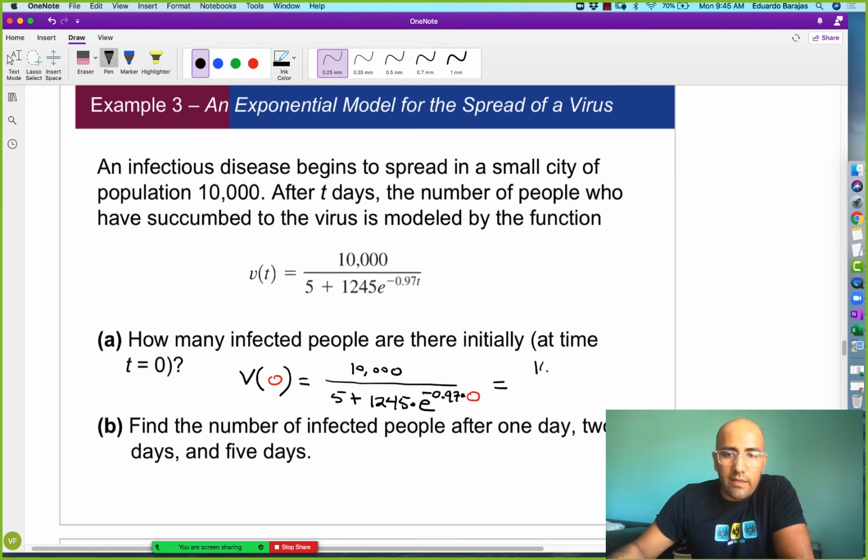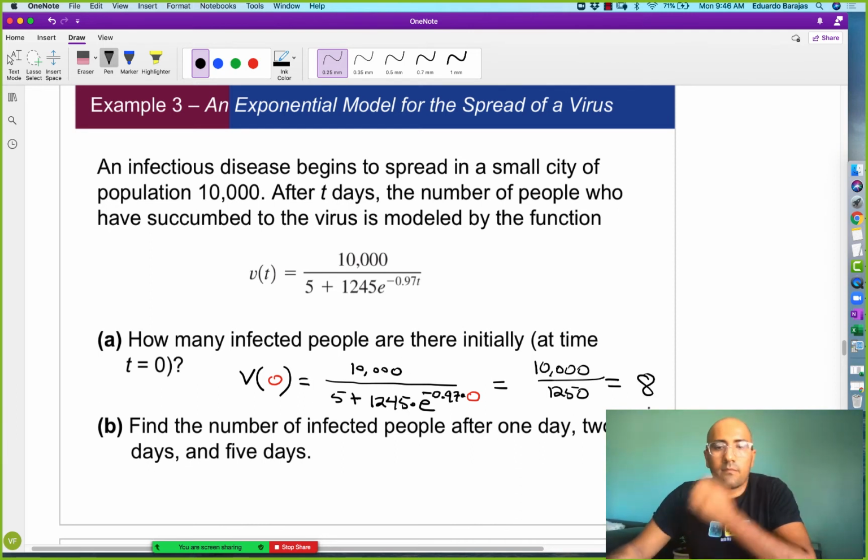So this one ends up being 10,000 divided by 1250, which gives you 8. Okay.